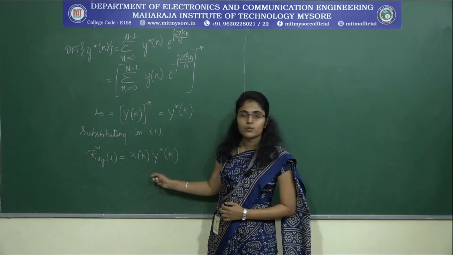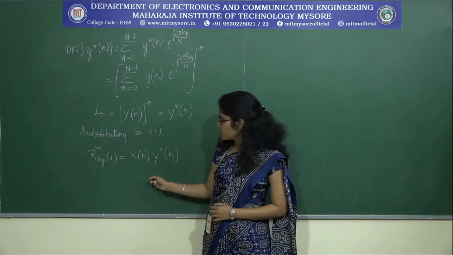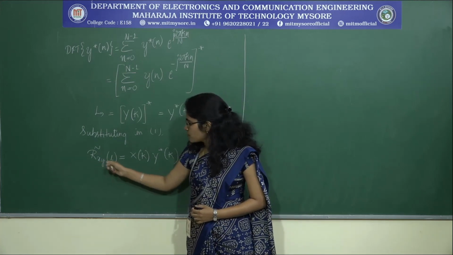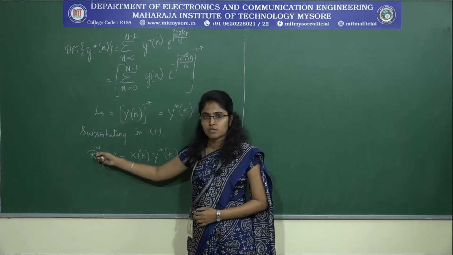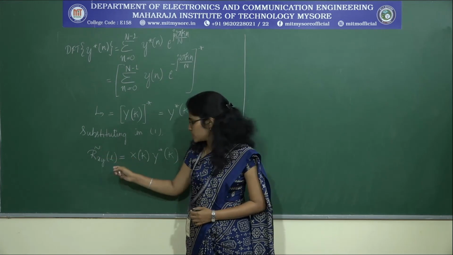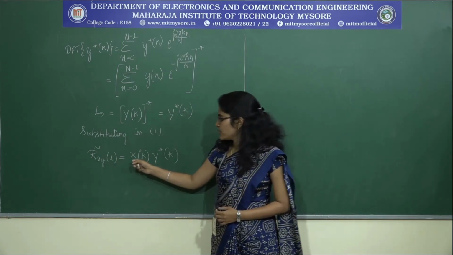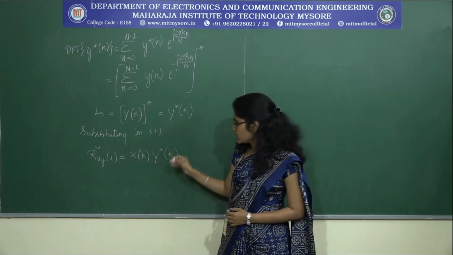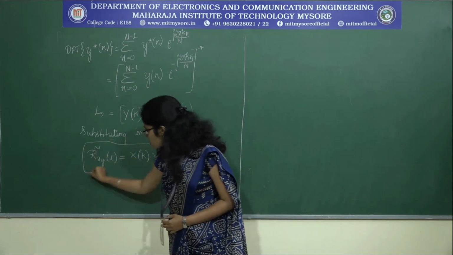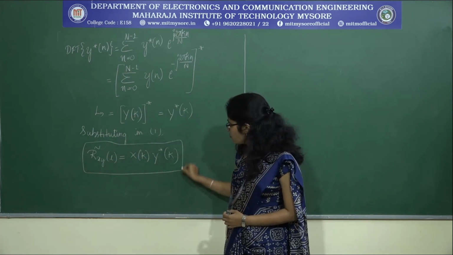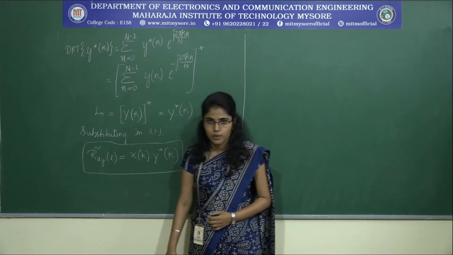So, this was the thing which we needed in the circular correlation property, that is Rxy of L tilde represents the circular correlation, that is cross correlation, which will be equal to x of k into y conjugate of k. So, this is the standard proof for the circular correlation property.